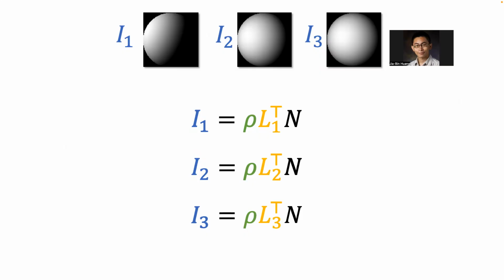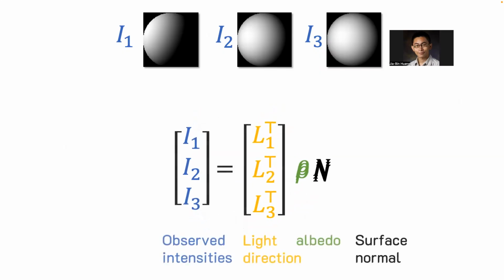I1, I2, I3 is a vector, and L1, L2, L3 transpose: because L is a three-dimensional vector, L1 transpose is a row vector. So here this is a 3x3 matrix.